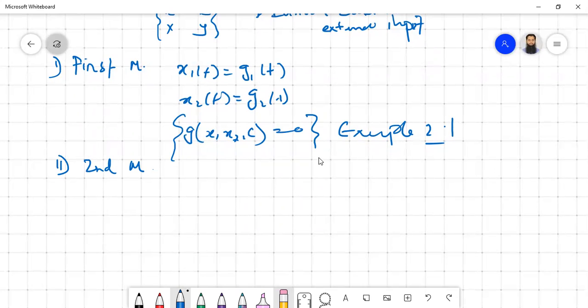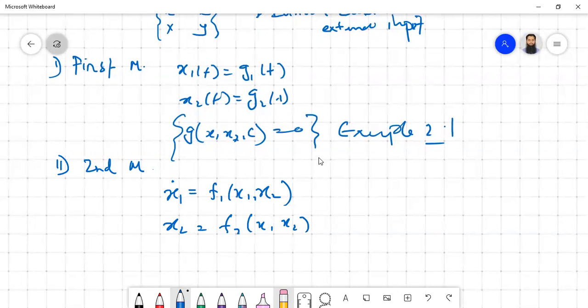So basically, what we know is that x1 dot is a function of x1 and x2, and x2 dot is again a function of x1 and x2. These two are basically dx1 by dt and dx2 by dt.